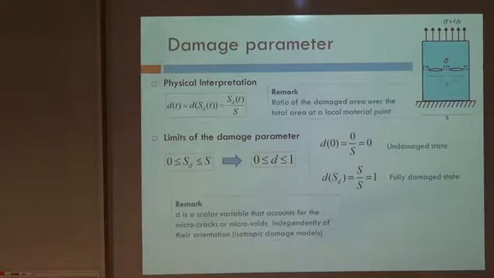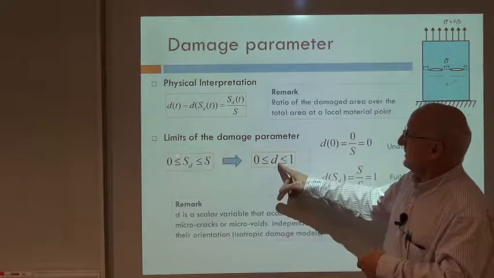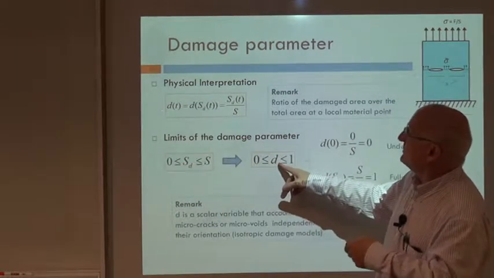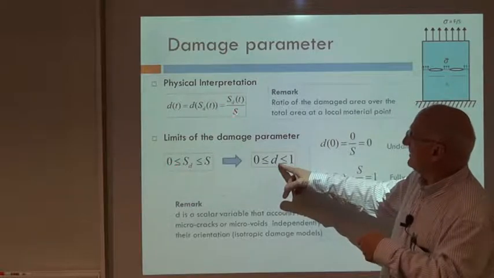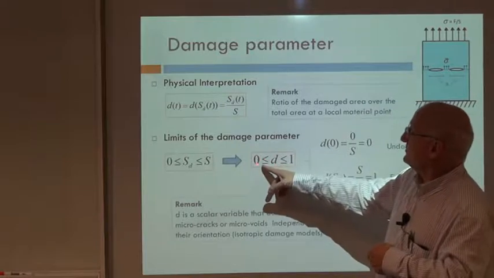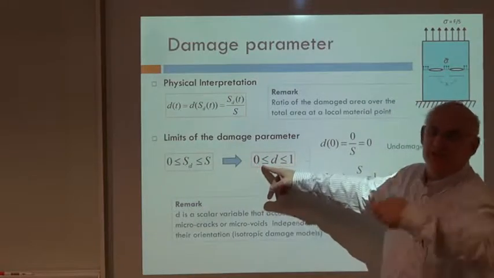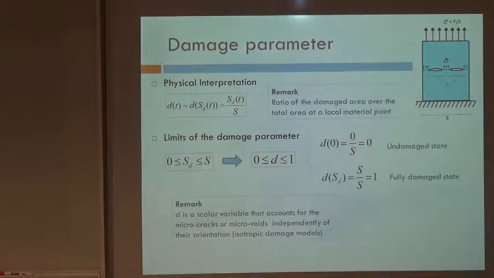Okay? So then what we can say is that this damage value, due to the definition of the damage value, by dividing all this equation by S, ranges from 0 at the initial stages for the undamaged material to a maximum of 1. So that's a limitation that comes from the physics that we have studied. So we can talk about an undamaged stage that doesn't correspond to 0 stresses.